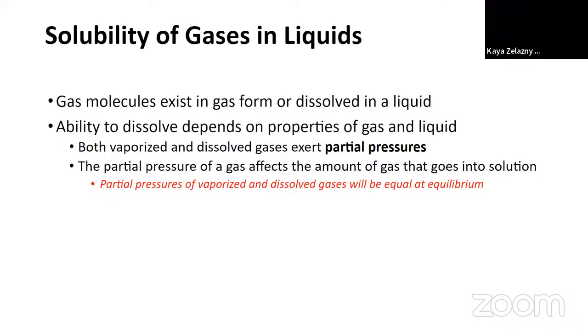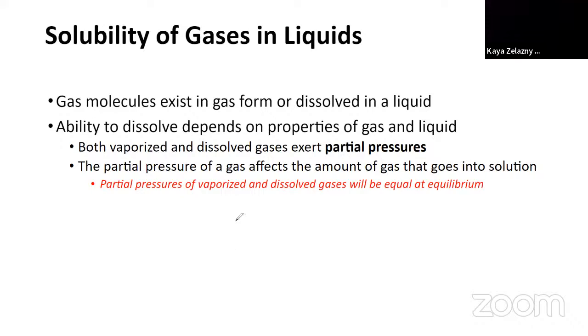And this depends on both the properties of a specific gas and a specific liquid. For our purposes, because blood is mostly water, we really think about how soluble our gases, specifically oxygen and carbon dioxide, are in water. So that's an approximate measure of how soluble they are in blood. So what we're going to be thinking about, right?